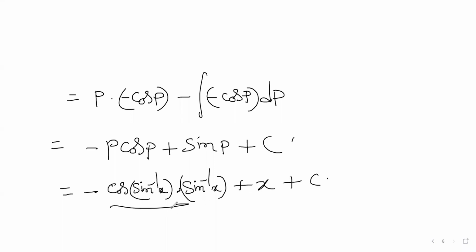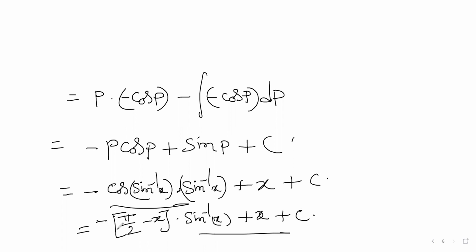What is cos of sine inverse x? That is pi by 2 minus x. I hope you all know that. So that is minus of pi by 2 minus x multiplied by sine inverse x, plus x plus constant. The negative sign you can multiply inside, like x minus pi by 2 into sine inverse x, and then you write the answer.